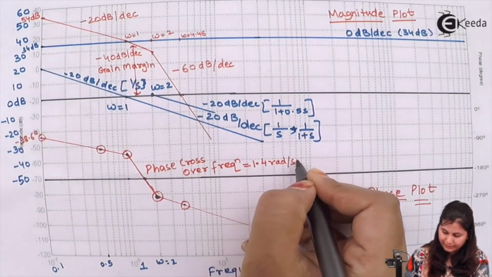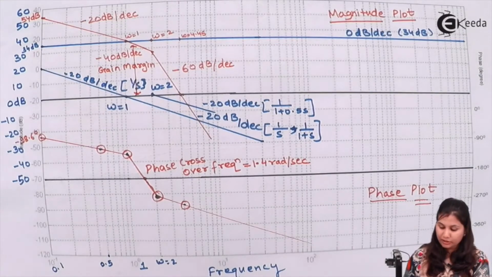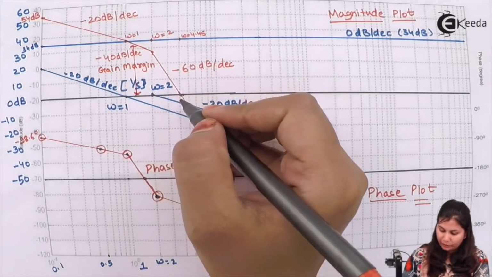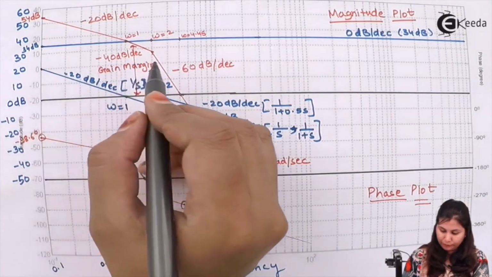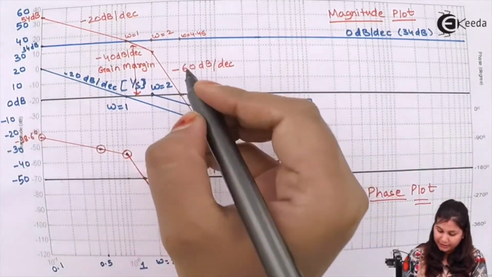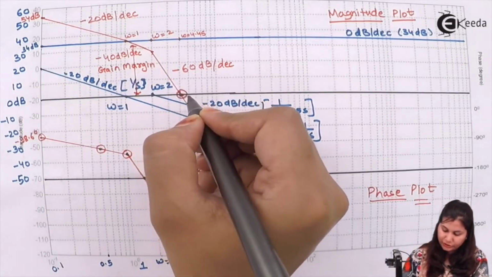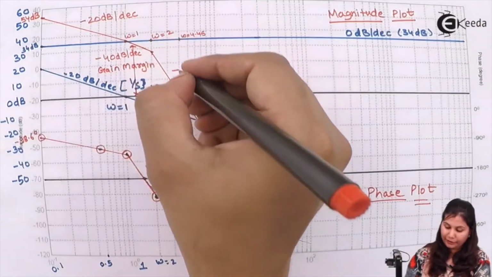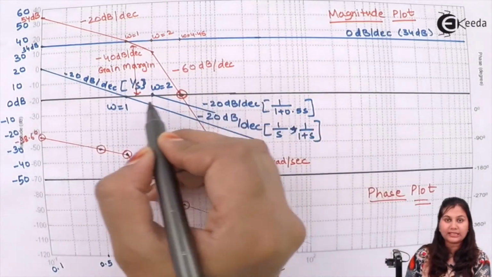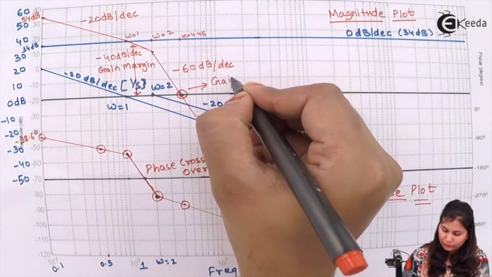per second. Now for calculating the phase margin, we take the frequency at which this magnitude plot is touching the 0 dB line. It is the gain crossover frequency.